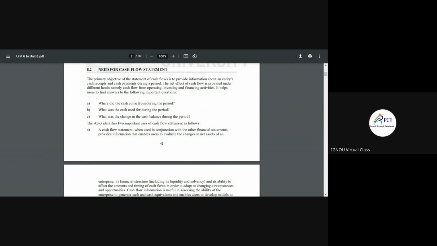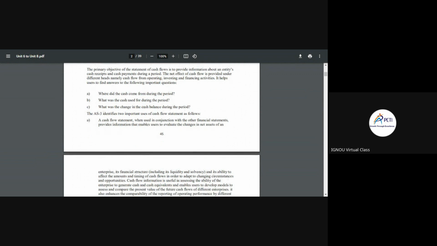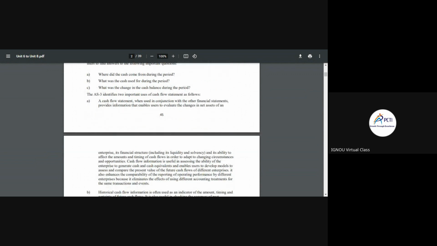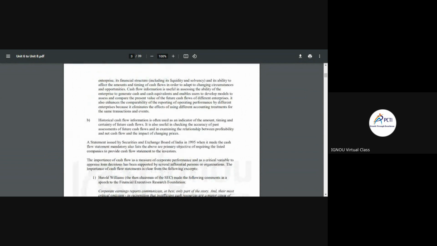Then we have two important uses of the cash flow statement according to Accounting Standard 3. First, the cash flow statement is used in conjunction with the other financial statements, and it provides full information that enables users to evaluate the changes in net assets of a particular enterprise.